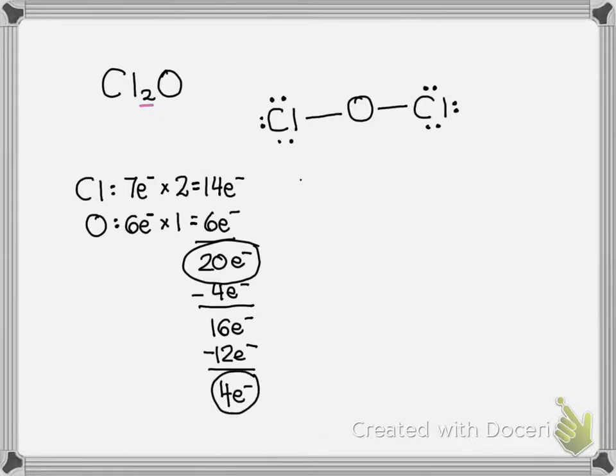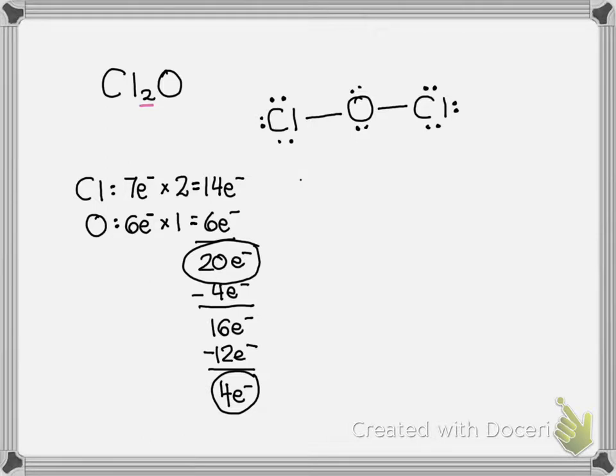Any electrons that would be remaining go on the central atom, and so I put these 4 electrons, as represented by 2 lone pairs, on the central atom.